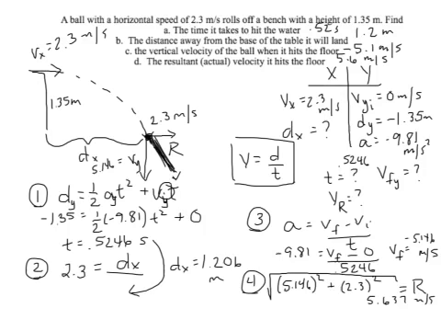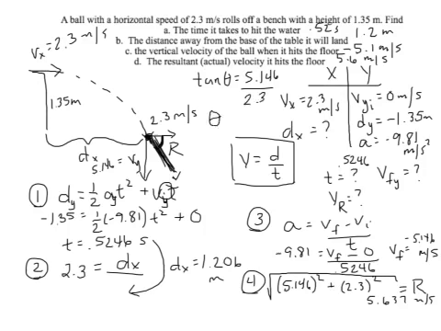However, I'm not quite done because it's asking for velocity, and I need to have a direction to show that velocity. So I'm going to use this angle right here with the horizontal, and if I do that, I'm going to take tangent of the angle is the opposite, or the 5.146, over the adjacent 2.3.